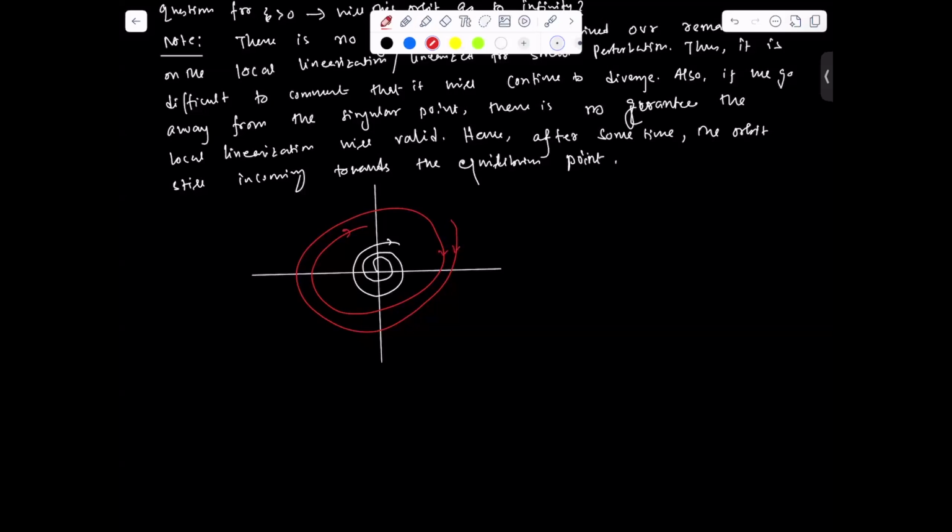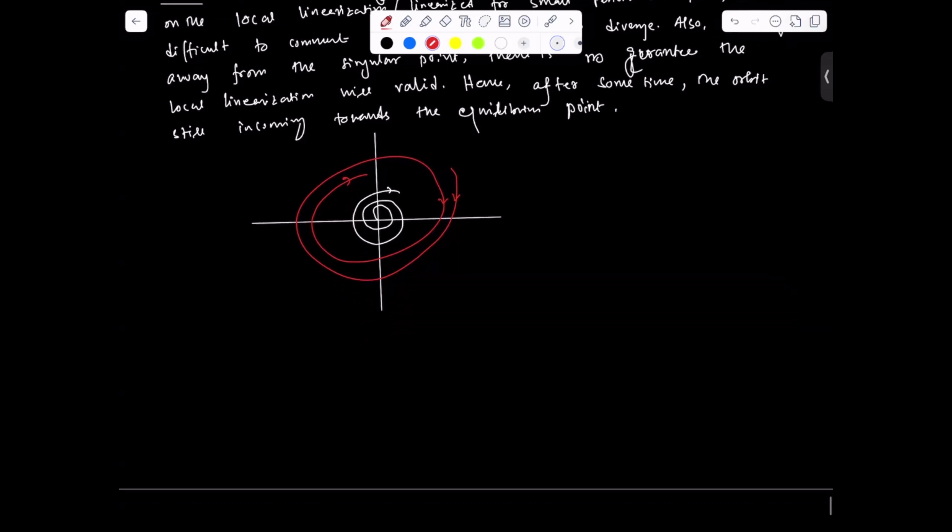Maybe it is an incoming one. So it means in between there will be some different orbit which will be stable. It's a very, very important comment.